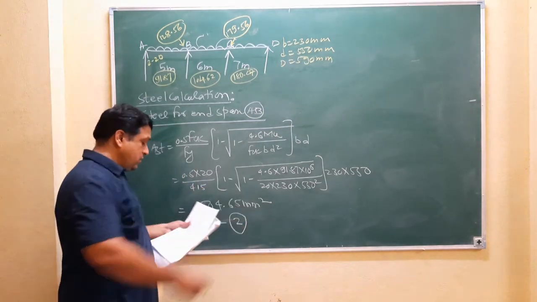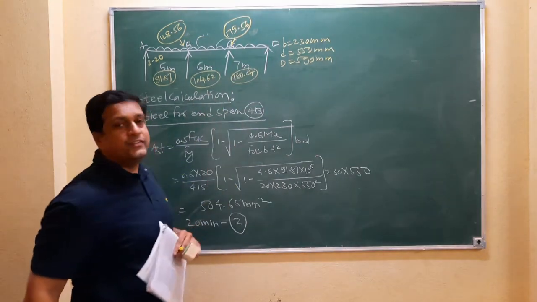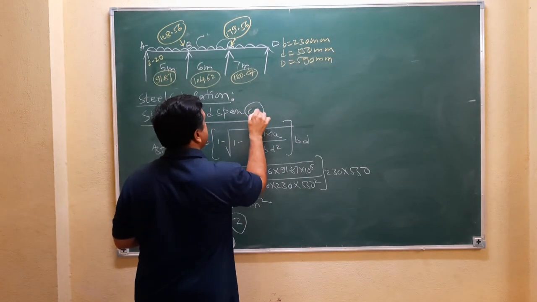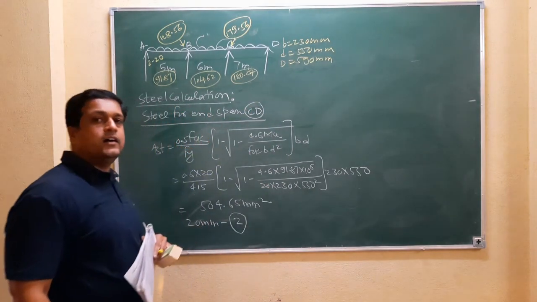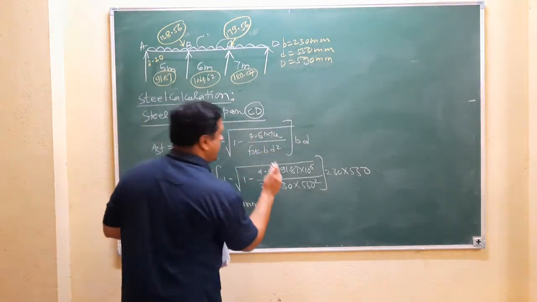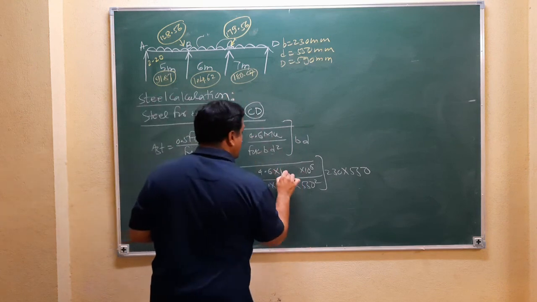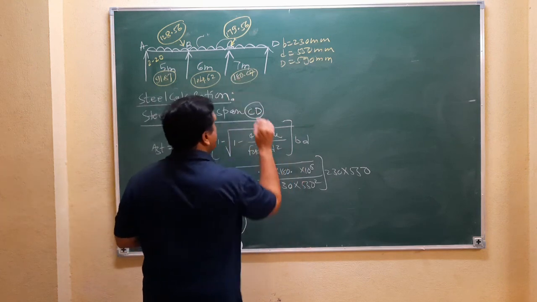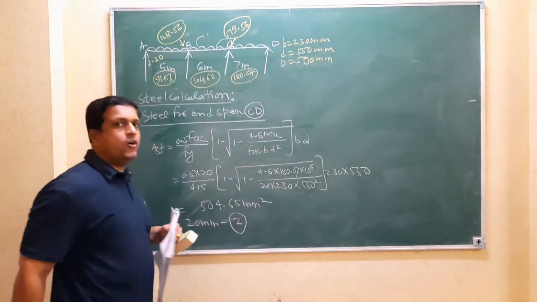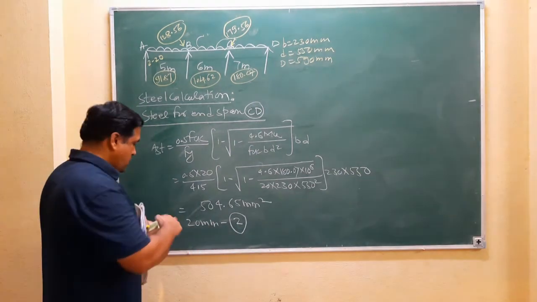Next you have to find out the steel for the other end span CD. Now I have to only change the letters to CD. All these are the same, but the bending moment is different. The bending moment is 180.07. All other values are the same.